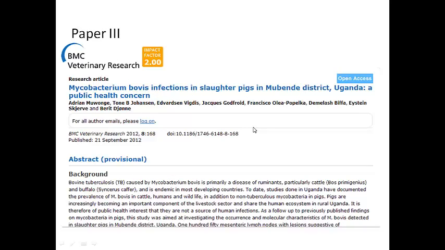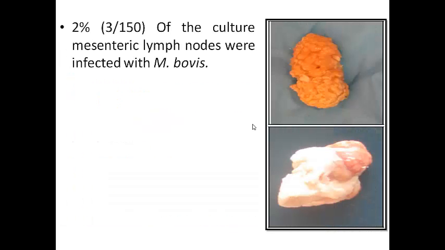In the third paper, we documented for the first time the incidence or prevalence of Mycobacterium bovis, the one that causes bovine tuberculosis in cattle. We found it in pigs, and pigs are supposedly spillover hosts. 2% of the pigs that we sampled had Mycobacterium bovis.